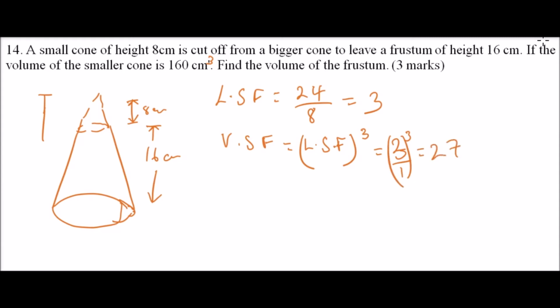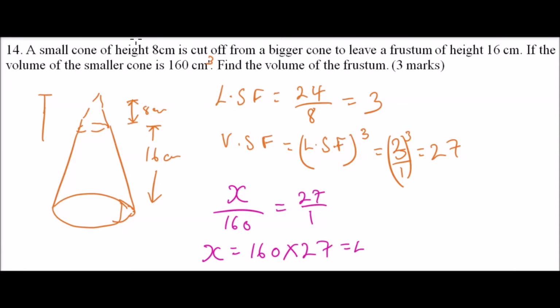So we can use x as the volume of the whole cone, divided by the volume of the small cone, equals 27 divided by 1, implying x is equal to 160 multiplied by 27, and that should give 4320. So from there we can now get the volume of the frustum.